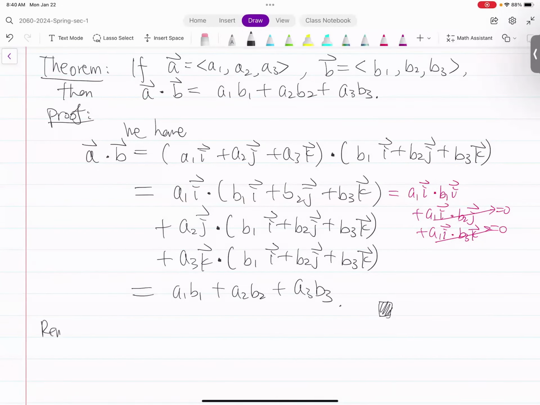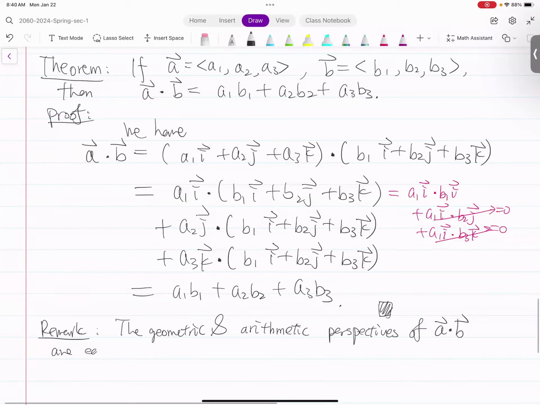Remark. The geometric and arithmetic perspectives of the dot product are equivalent.